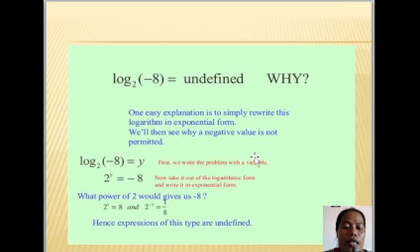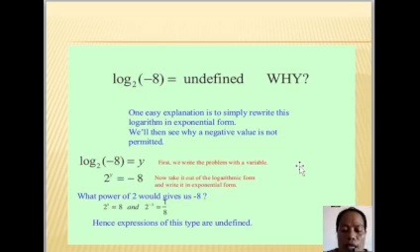So we have the logarithm of -8 to the base 2 is equal to y. And we have to write it in exponential form. Again, logarithms are exponents, and our base here is 2. Our logarithm is y, so 2 to the power of y is equal to -8.